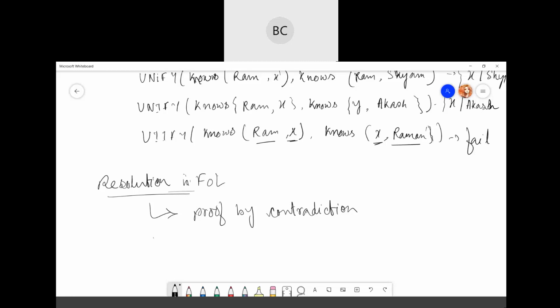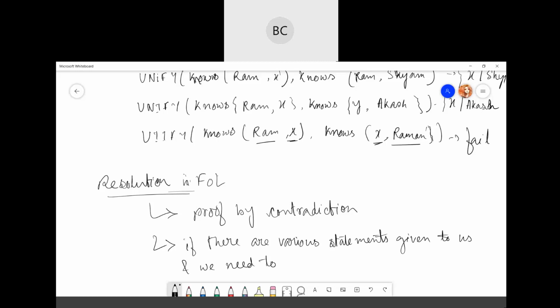Okay, we use resolution if there are various statements given to us and we need to prove a conclusion of those statements.